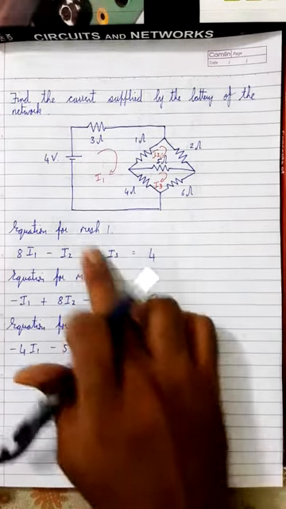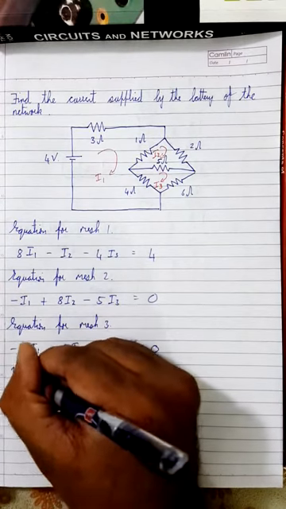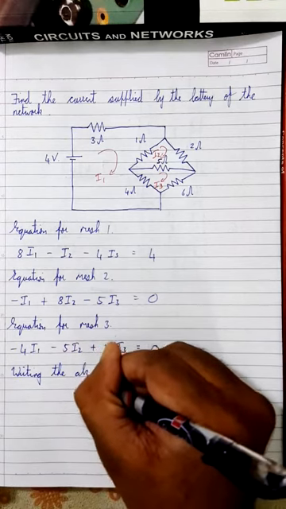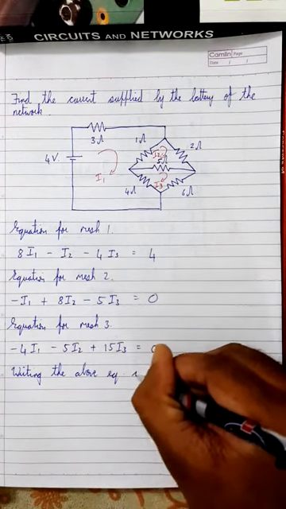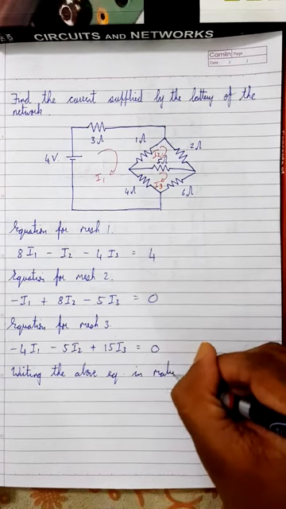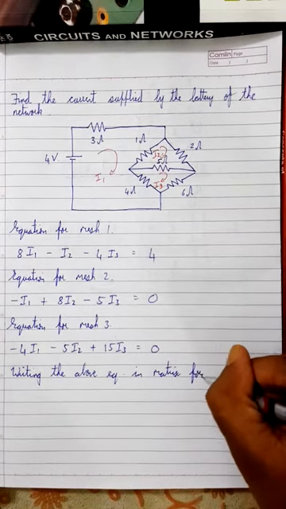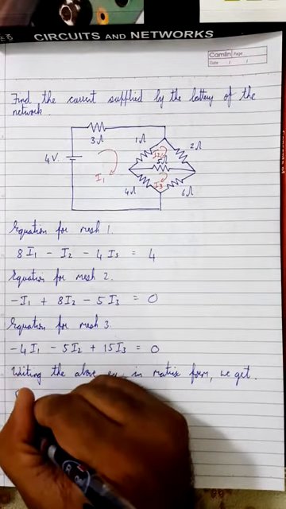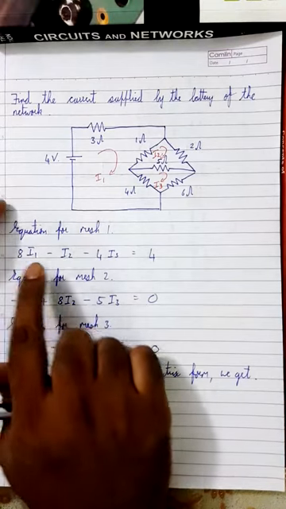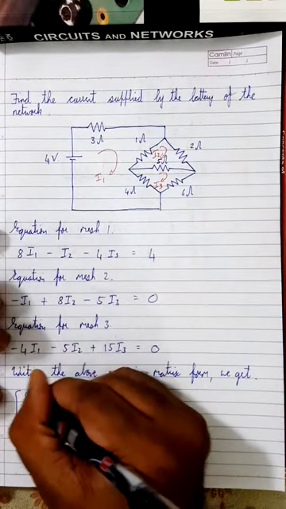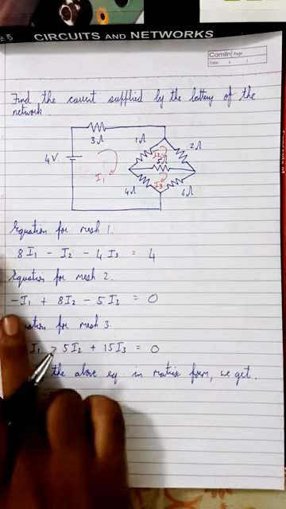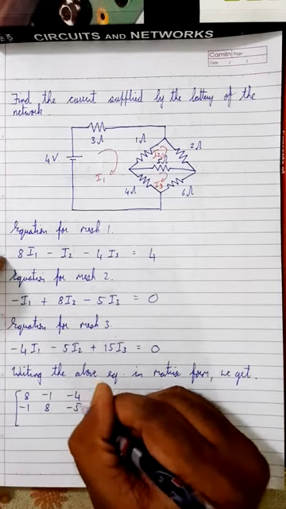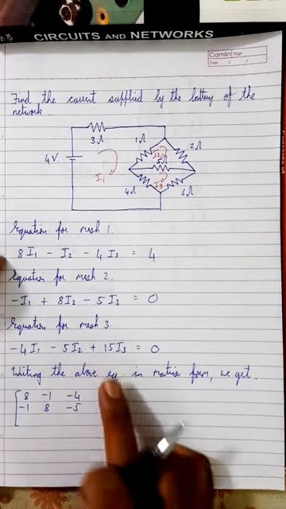Now writing the equations in matrix form. The coefficient matrix is 8, minus 1, minus 4; minus 1, 8, minus 5; minus 4, minus 5, 15.